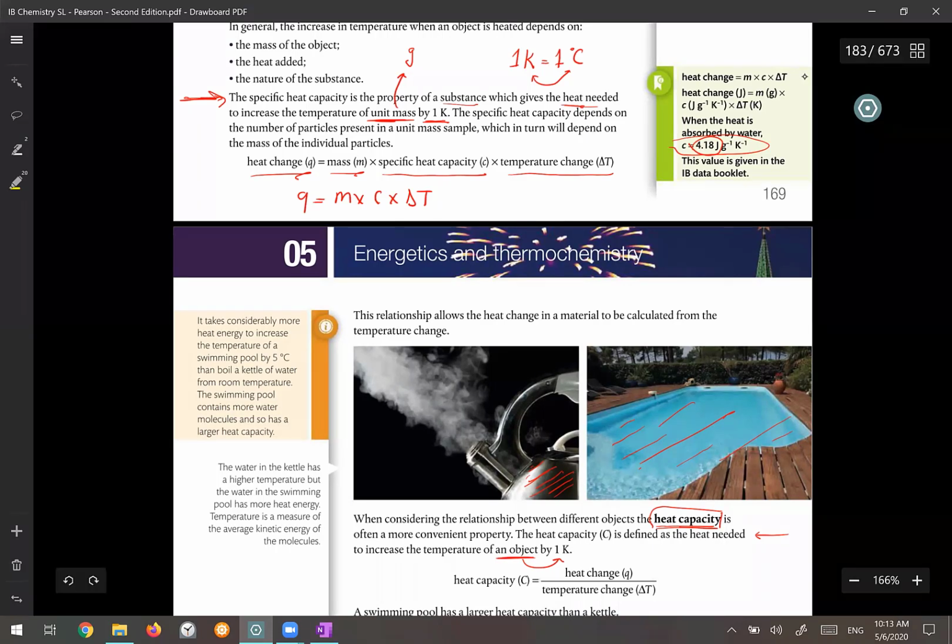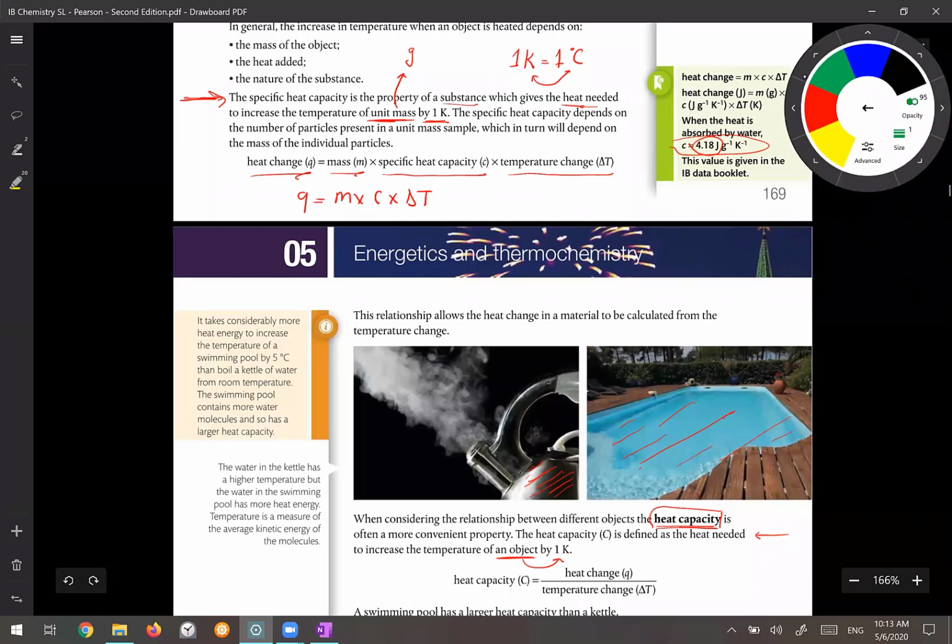So, heat capacity also considers the amount of the mass of the substance. Actually, the heat capacity is the multiplication of the mass by the specific heat capacity. If you multiply these two by each other, you get heat capacity, which we show by capital C. Specific heat capacity is shown by lowercase c.